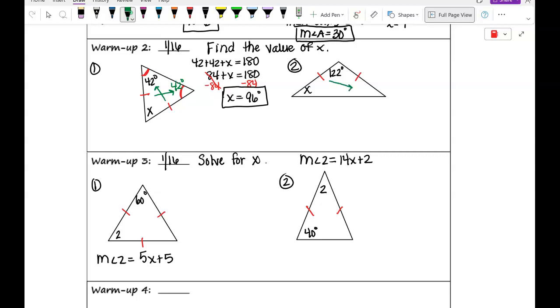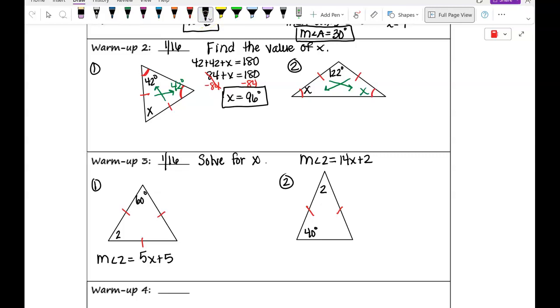So these would be the angles opposite these two sides. So this angle here is congruent to this angle here. So if this angle has a value of x, what does this angle have a value of? It is also x.